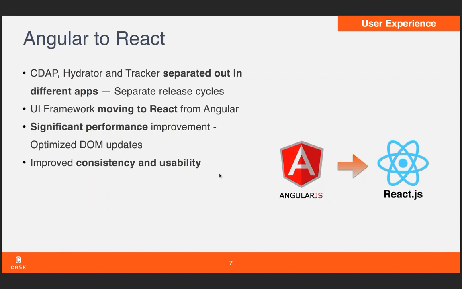And the main purpose for moving to React from an Angular framework was that we saw significant performance improvement because of the optimized DOM updates that React provides. It also makes it easy from a building and management perspective. It basically improves consistency and usability across all of the UI components.